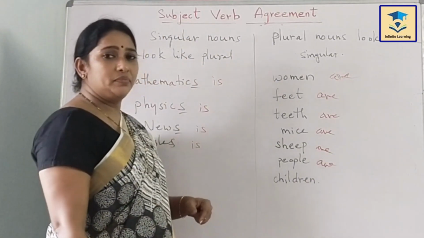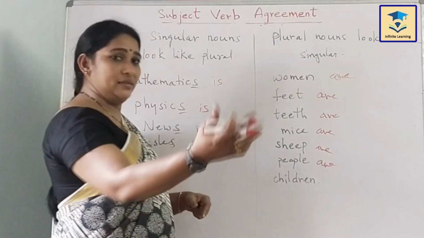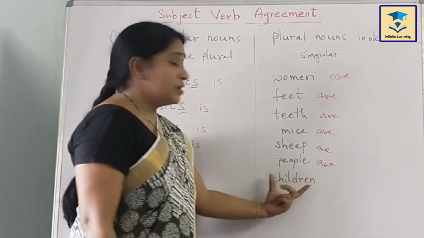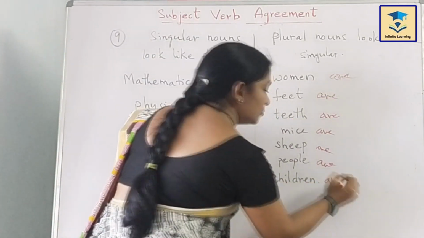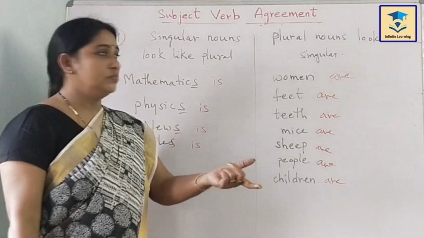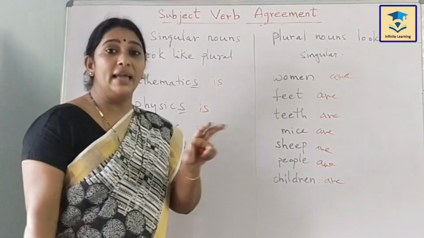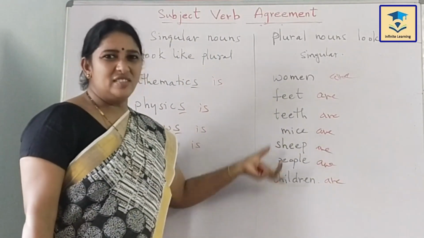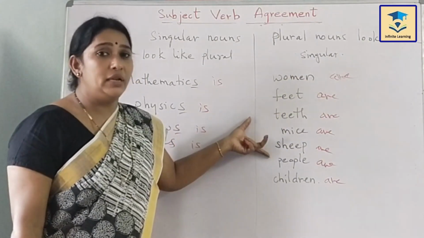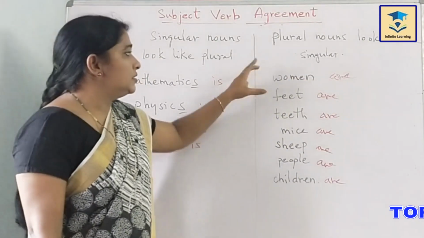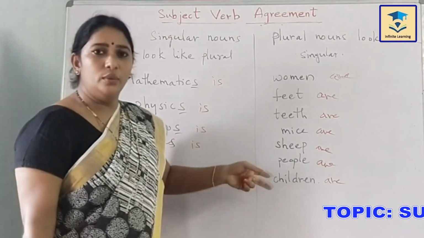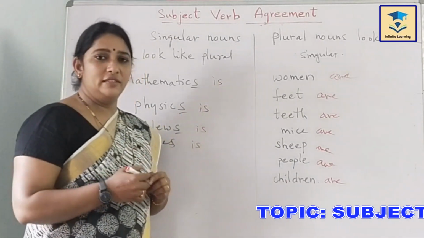People are gathering there. Children are playing in the ground. Even though these nouns look like singular, because no S is there, they are plural. So observe carefully all these.